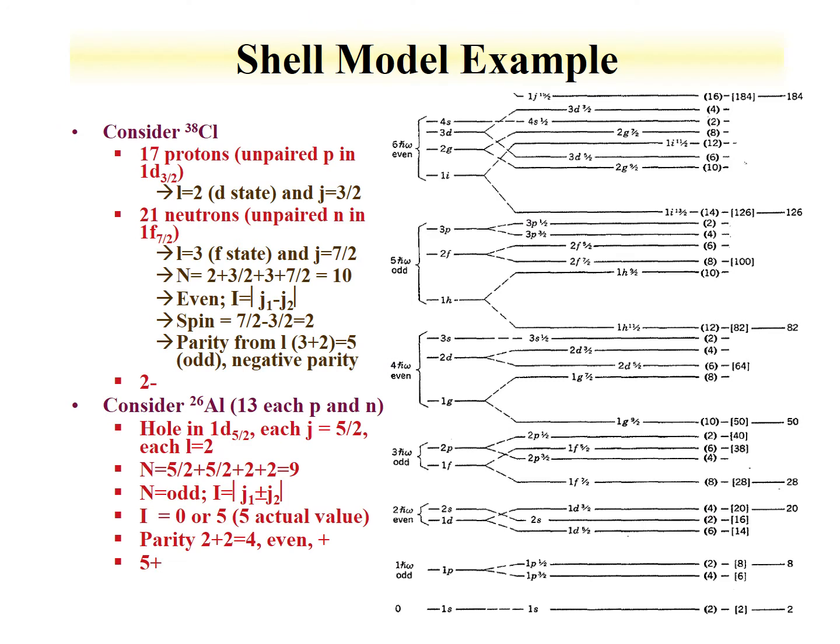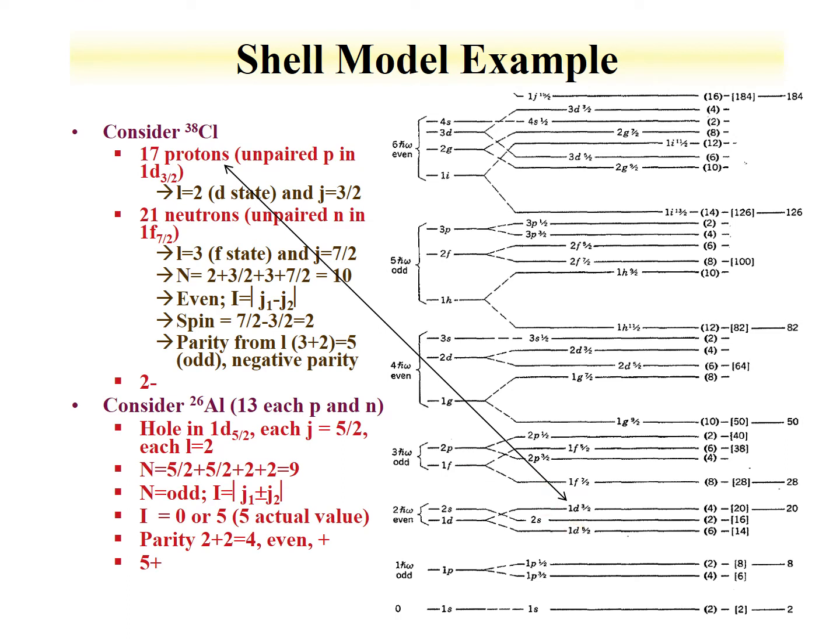For an example of the Nordheim number for an odd-odd nucleus, let's consider chlorine-38. Chlorine-38 has 17 protons, 21 neutrons. The 17th proton is going to live in this 1d 3/2 state. So the L is D, right?